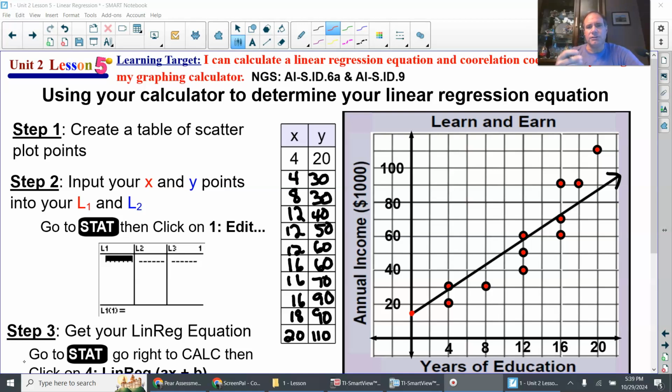By hand, you are just saying that maybe it has a 17 y-intercept, and you do a rise over run, and it might come out a little bit off, because remember, it's only an estimation. When you're putting this into the calculator, you get a better result for your linear regression equation. So I'm going to bring the calculator up.